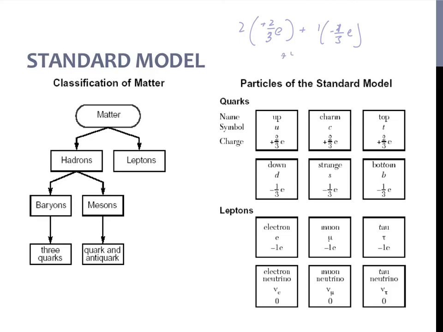So you get positive 4/3 E minus 1/3 E. You get positive 3/3 E, which is equal to positive 1 E. And that there is our proton. If you remember, the charge of a proton is positive 1 E, and here we just verify that 2 ups and 1 down make a proton. Neutrons are 2 downs and 1 up. You could do this same method to verify that it comes out to 0 E, which is the charge of a neutron.